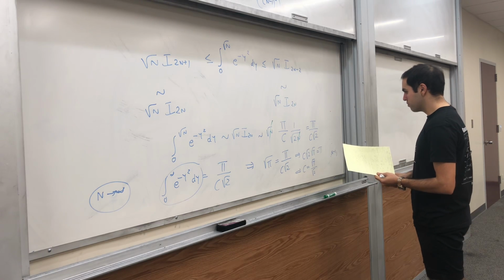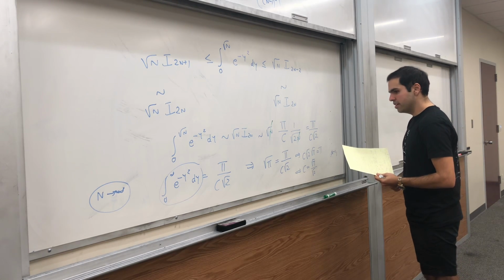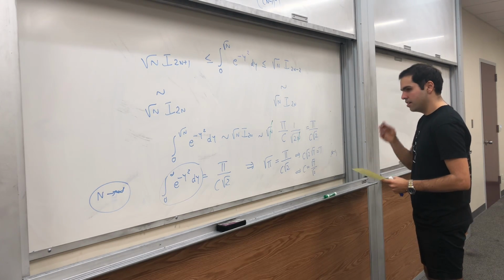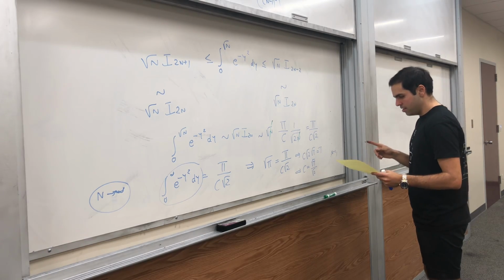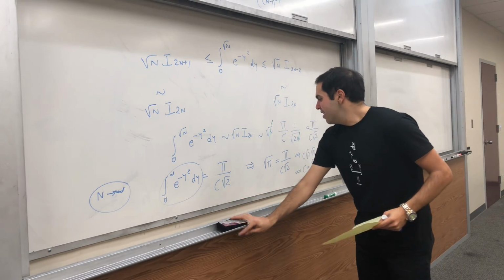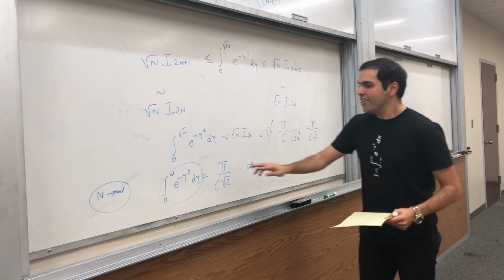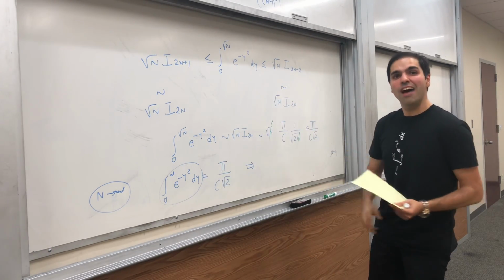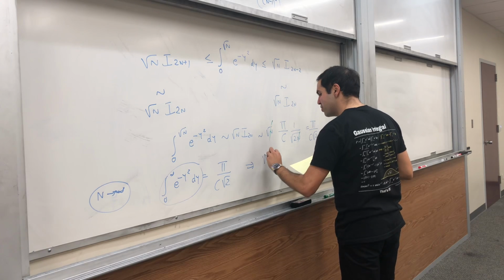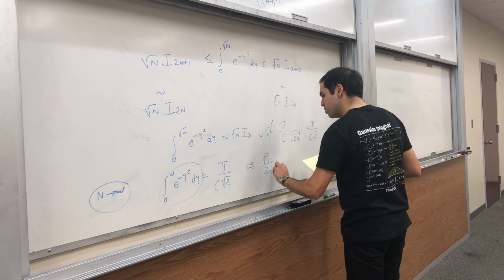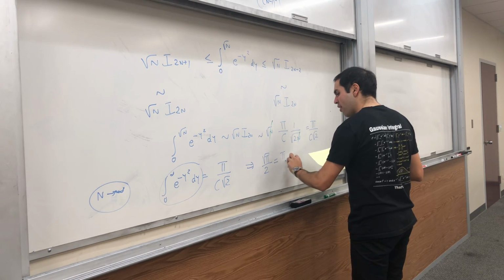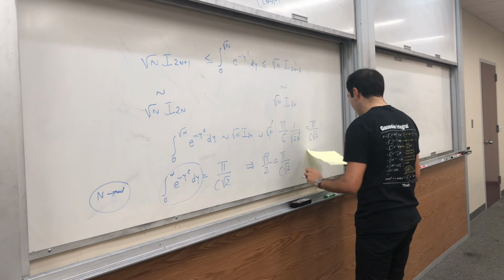No. Let me see. Sorry. So this is not square root of pi, it's half of the Gaussian integral. So square root of pi over 2 equals pi over c square root of 2.